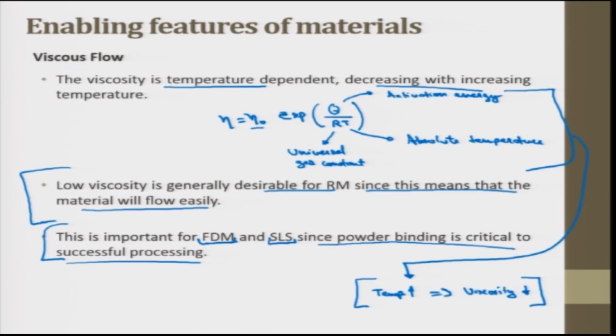As I said, viscosity of metals ranges from maybe 0.2 megapascal for alkali metals to 5 megapascal for D transition metals.